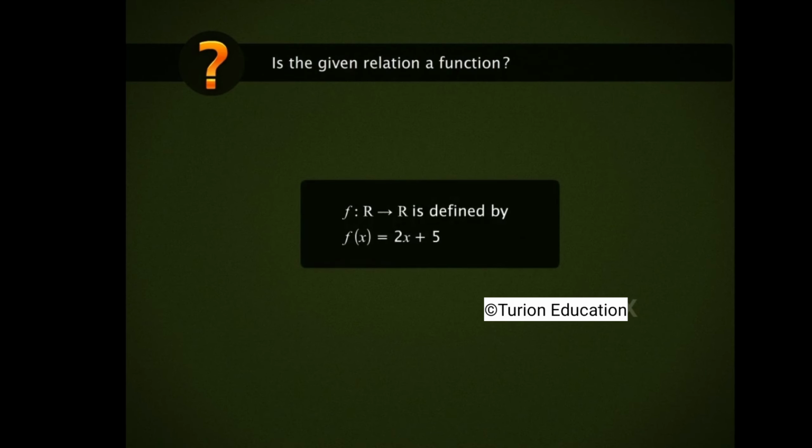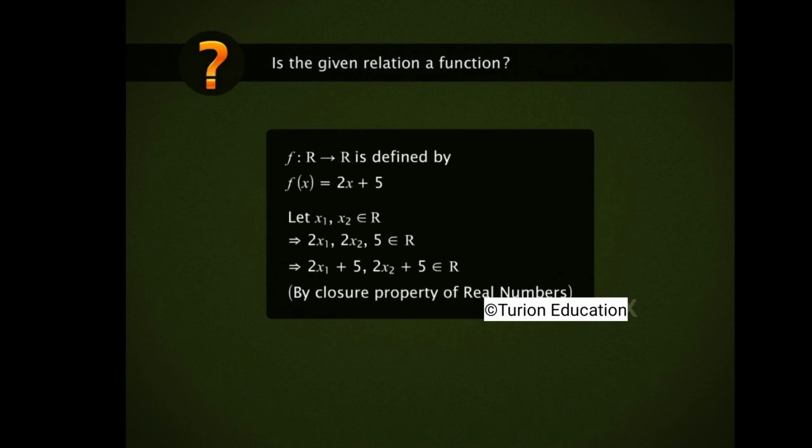Relation f is defined from the set of real numbers to itself such that f of x is equal to 2x plus 5. Firstly, if x1 and x2 are real numbers, then so are 2x1 plus 5 and 2x2 plus 5.